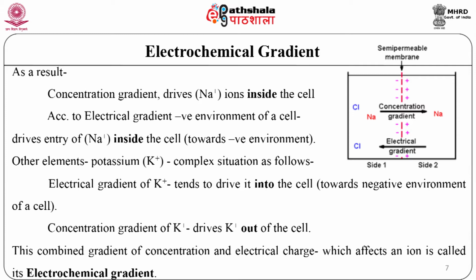As living cell is electrically negative, electrical gradient of K+, a positive ion, also tends to drive it into the cell, but concentration of K+ ion is greater inside the cell as compared to extracellular fluid. Therefore, the concentration gradient of K+ tends to drive K+ out of the cell. Such combined gradient of concentration and electrical charge affects the ion and it is called as electrochemical gradient.